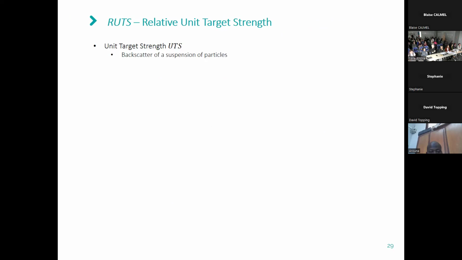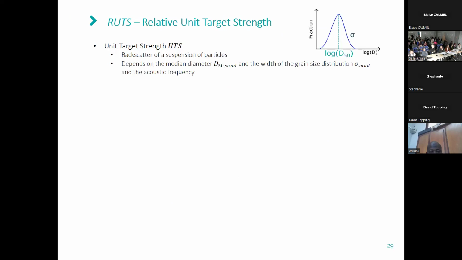This UTS is the backscatter of a suspension of particles, which depends on the median diameter of a grain size distribution, as well as its width, the sigma, which is also its standard deviation, as well as the acoustic frequency. The method then uses the so-called reference suspension. This reference suspension is the sand suspension that is characteristic for a specific study site, in our case the Grenoble Campus, and is also constant for the study site.